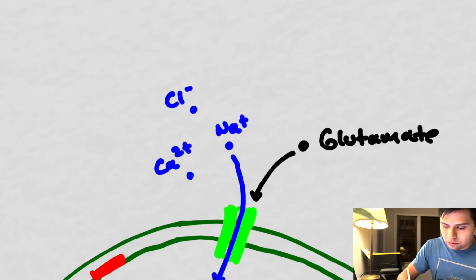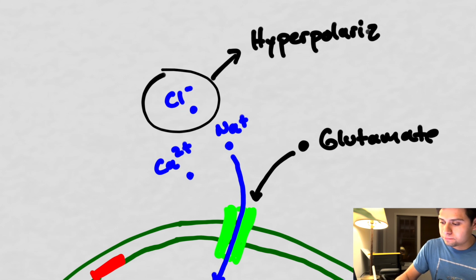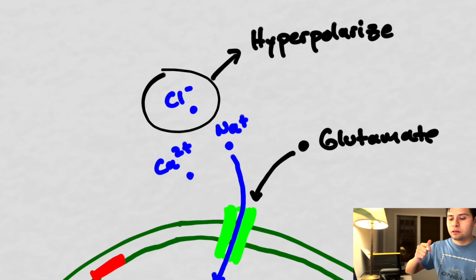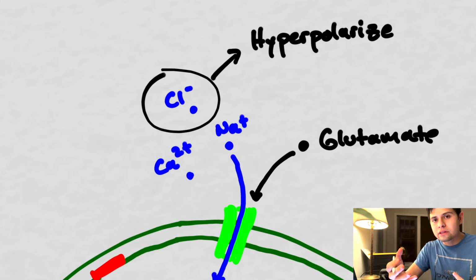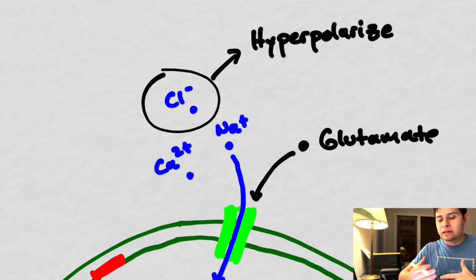Chloride will hyperpolarize, right? Depending on the nature of the cell, depending on what kind of cell you're looking at, the hyperpolarization patterns might look different. If you haven't taken this before, we might go into this. Hyperpolarization is making the cell even more polarized, making the inside more negative, essentially.